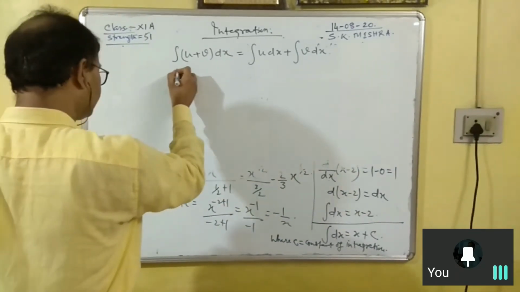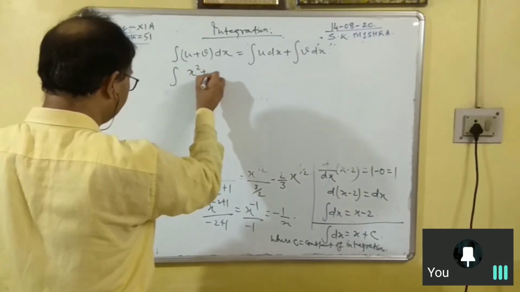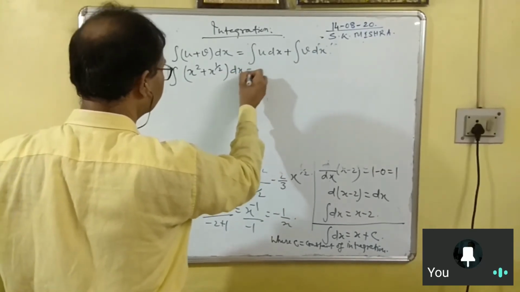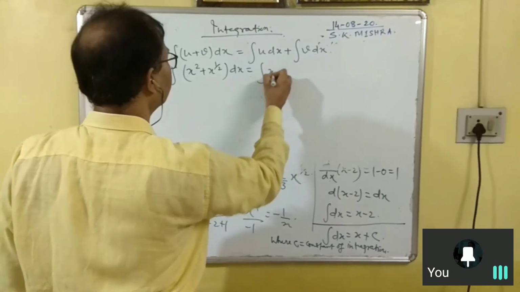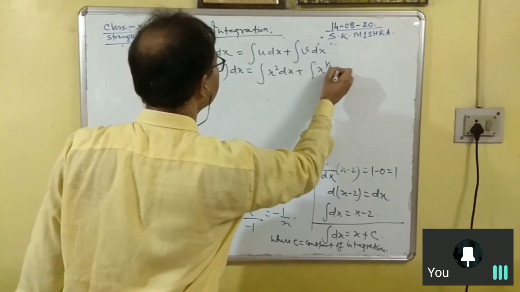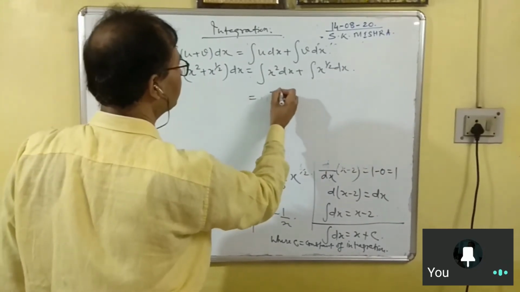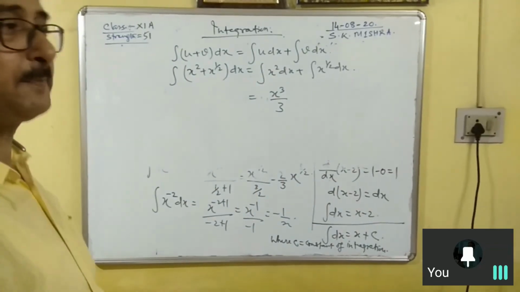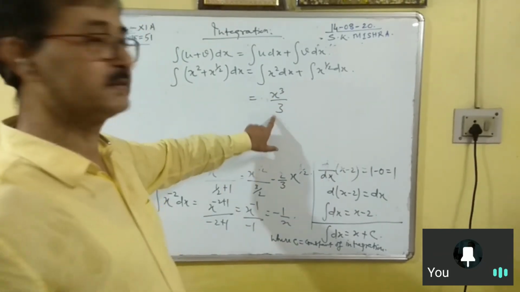Now, as for example, integration of x square plus x raised to half dx. How will you integrate it? Based on this relation, this is integration of x square dx plus integration of x raised to half dx. So it's how much? x cube by 3, since for x to the n, integration is x to the n plus 1 by n plus 1: 2 plus 1 is 3 divided by 3.